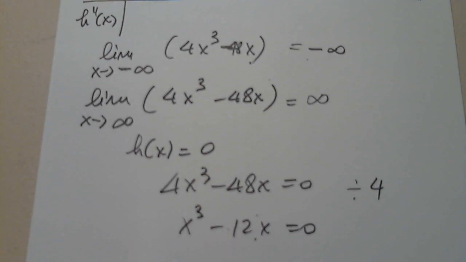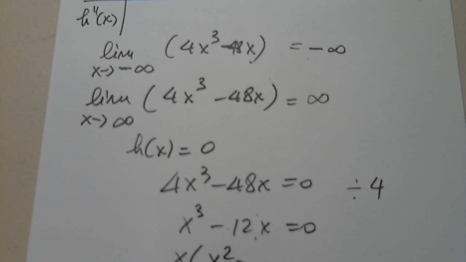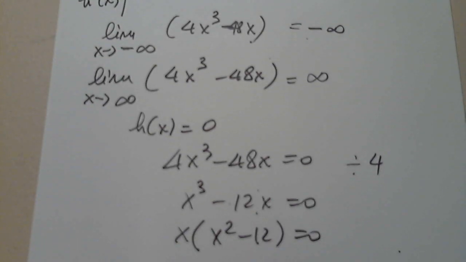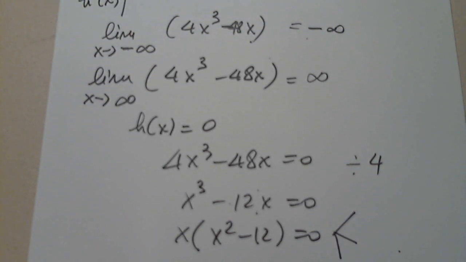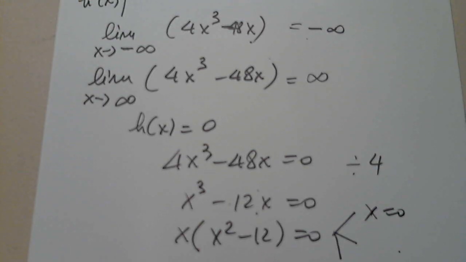This looks more human. Now, of course, I have to factor out x. And I get x squared minus 12 equals 0. And I do get 3 solutions. X is 0. And from here, x squared equals 12. Remember, one option is to take the square root.